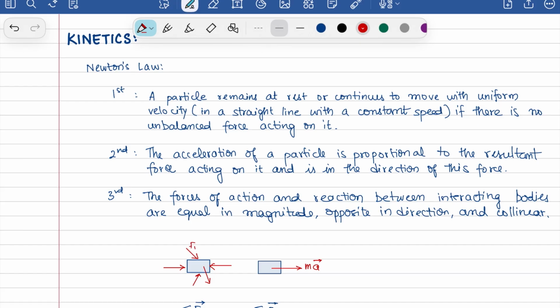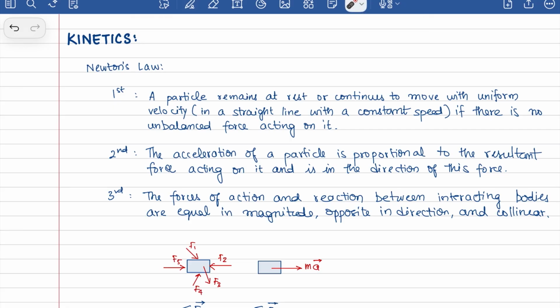This here is F1, F2, F3, F4, F5. You look at all of these forces. So there's F1, you add F2, you add F3, you add F4, you add F5. This here is your net force, right? This is your sum of forces in the free body diagram. This will be equal to this inertial force, which is mass times acceleration.